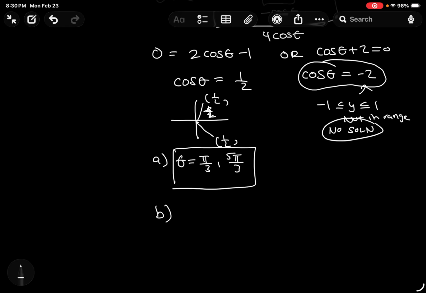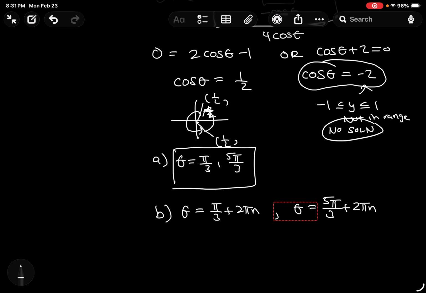And then really, if you look at it here, there's no common distance. From here to here it's some distance, but it's not the same distance as I go from here to here. So if that's the case, there's no common distance, you can't really condense it. I'm just going to write theta equals pi over 3 plus 2 pi n, which is basically the period, and theta is equal to 5 pi over 3 plus 2 pi n.